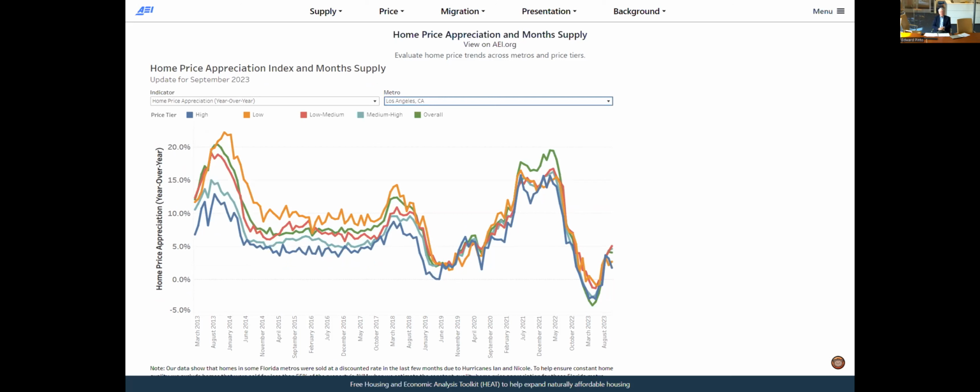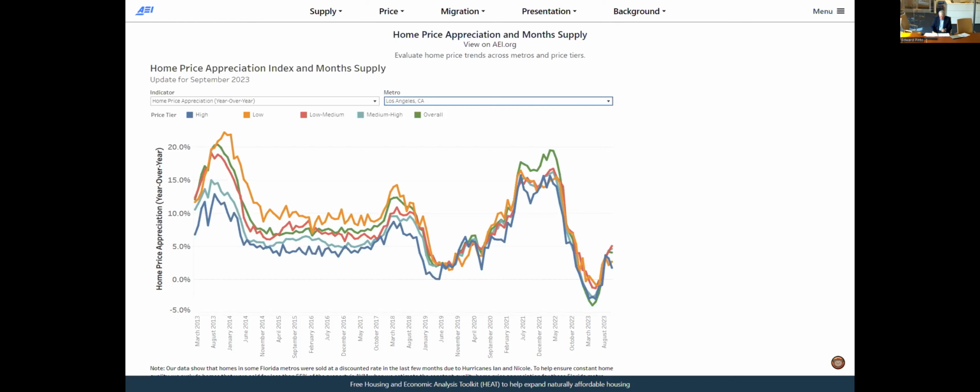Then it took a big jump up for a while, over 10% if you follow the green line in 2018, 2019. Then there were some changes in the tax law and some other things going on with restricting mortgage amounts that are deductible and state and local taxes. You see prices year over year decline, not to negative, but almost to zero.